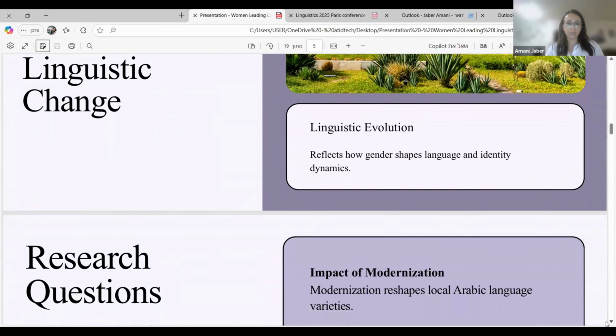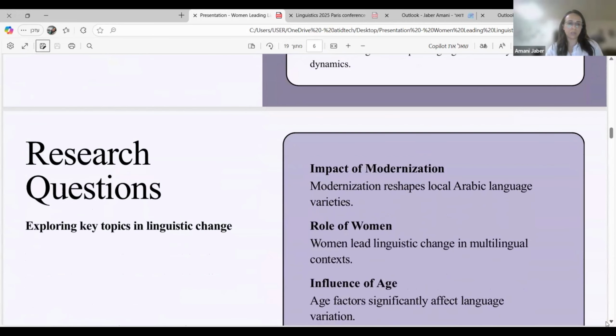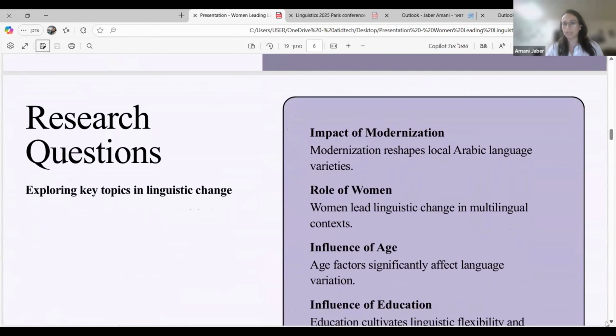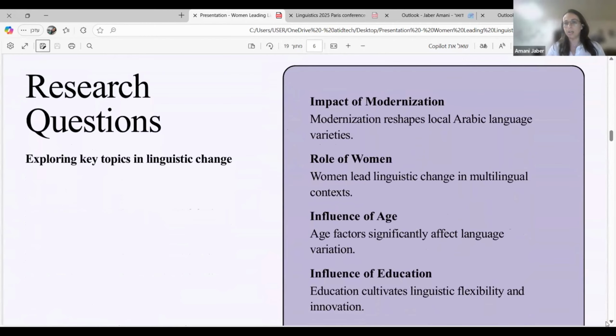I chose research questions to explore the impact of modernization on the local Arabic language varieties in my town, and the role of women: how women lead this change in multilingual contexts, and how they use the different languages they master to climb the ladder of socioeconomic mobility in society.